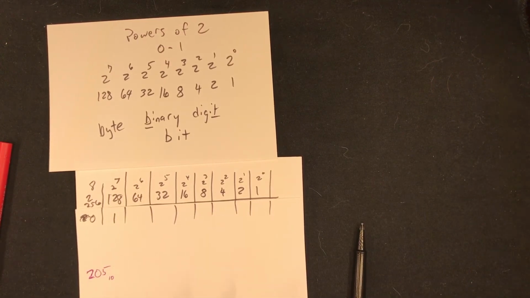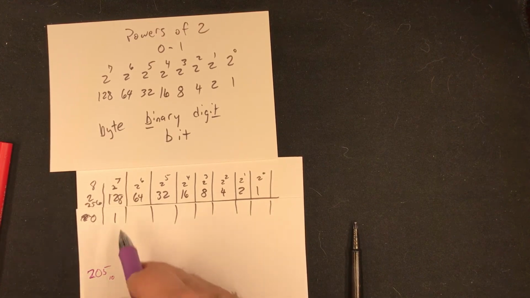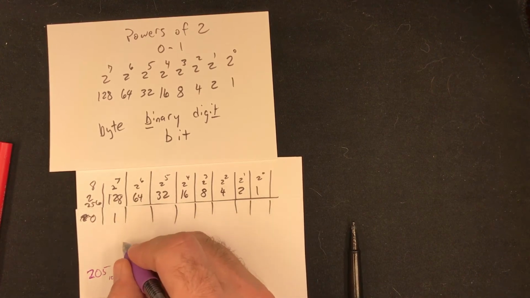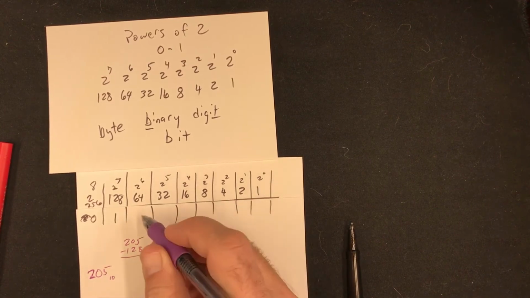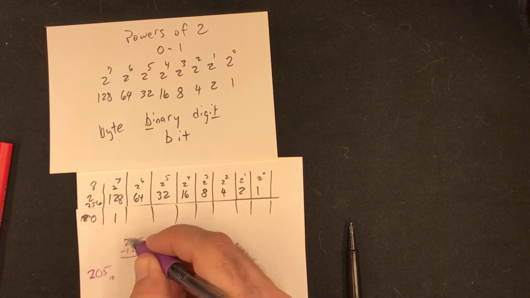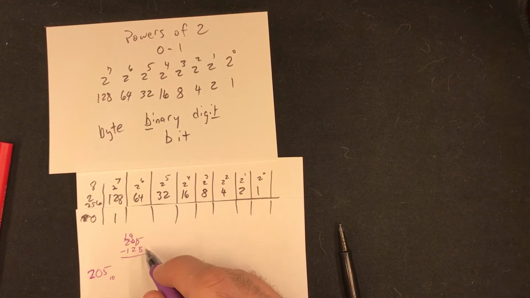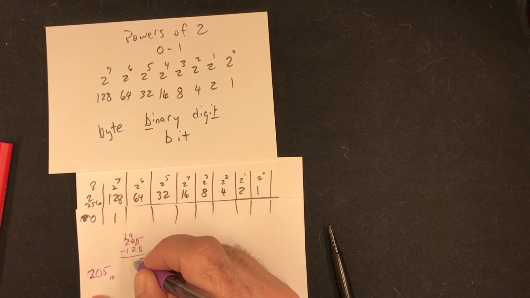And then what I need to do is subtract that number from my original 205. So let's just do that. 205 minus 128. Like I said, I'm not real good at math here, but 9, 8, 7.